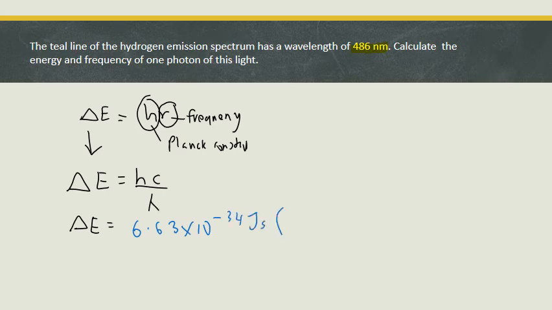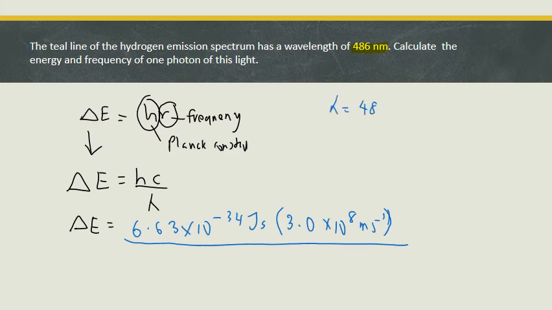The speed of light is 3.0 times 10 to the 8 m/s, over our lambda. Lambda equals 486 nanometer.